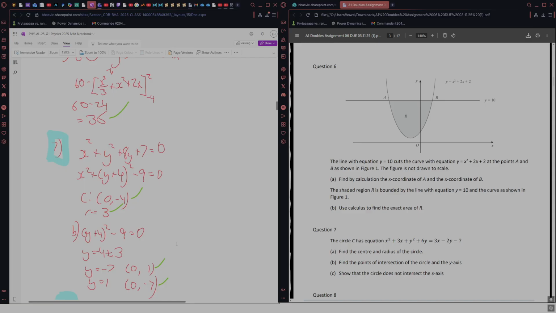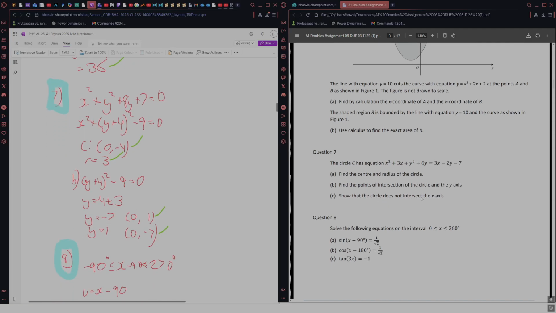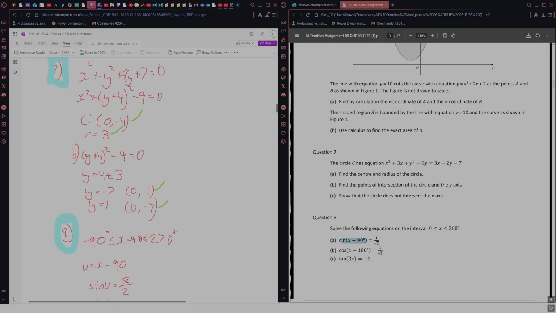The next question, we have some trig stuff. This is just kind of standard stuff. We've done this before. It is kind of annoying, so you have to obviously do the range of values, so you have to minus 90 from the normal range.